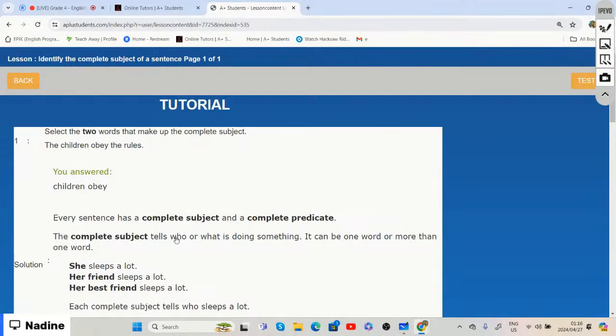A complete subject tells us who or what is doing something, and it can be either one word or more than one word.